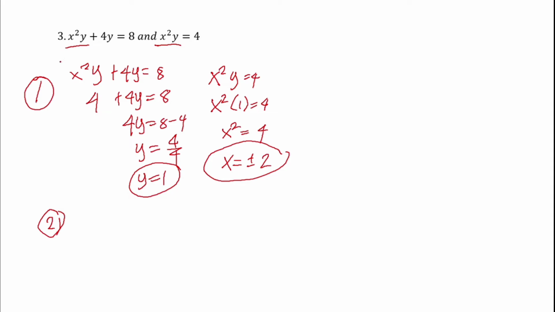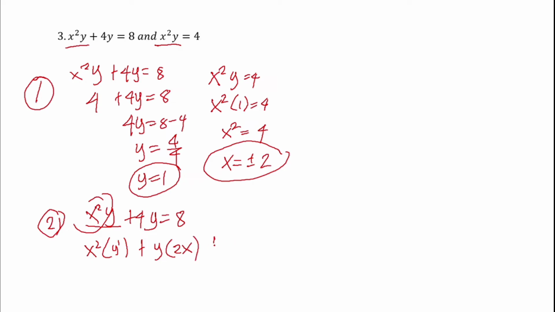In this first derivative, x squared y plus 4y is equal to 8. This is implicit. So x squared times y prime, plus copy the y times the derivative of x squared, which is 2x, plus 4 y prime is equal to 0. How do we find y prime?